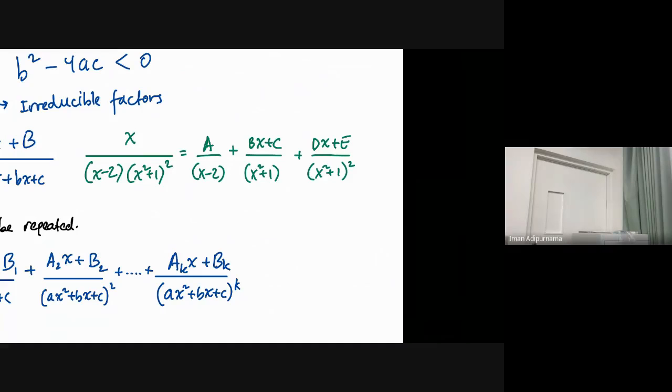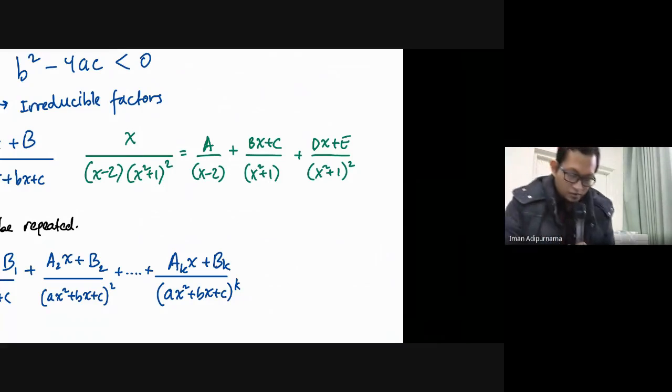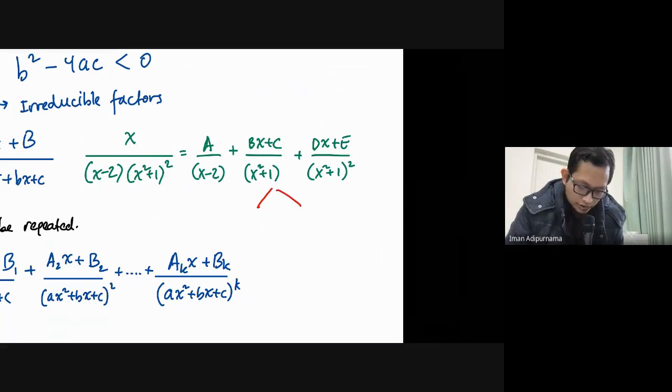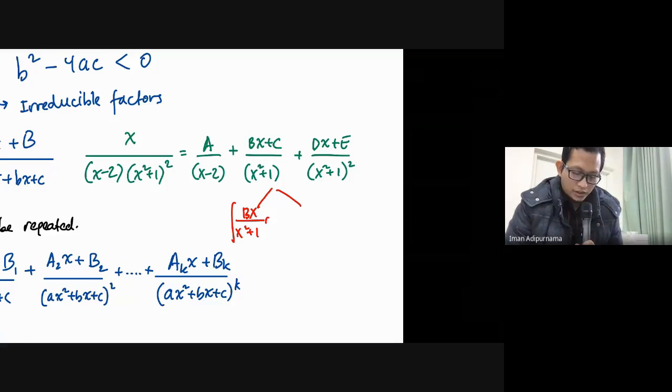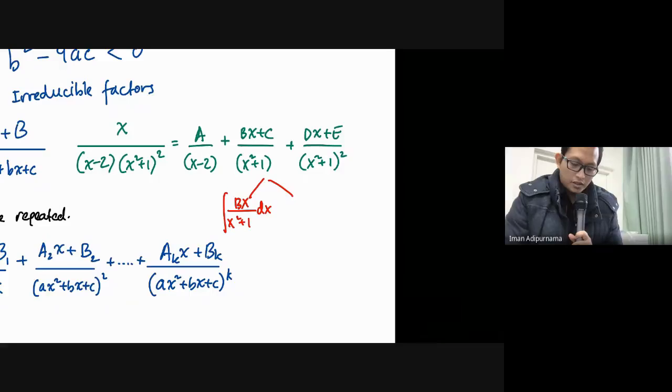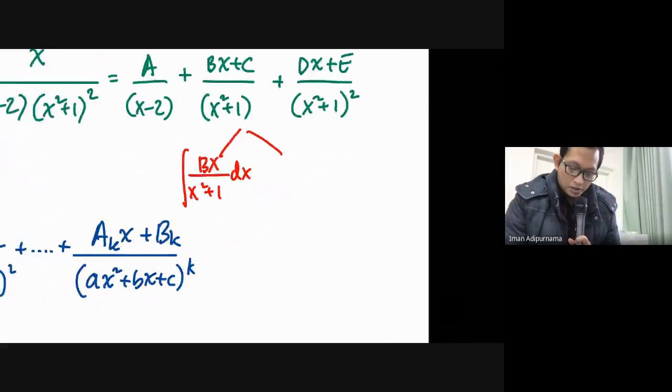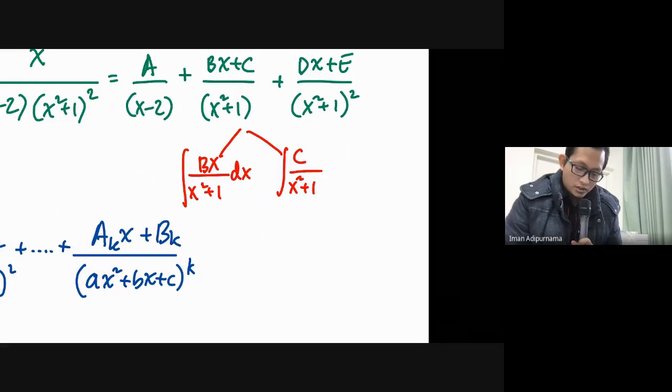And it's x squared, you can have 2x and then cancel the x. But the other one, you will have the integration of a constant over x squared plus 1 dx.